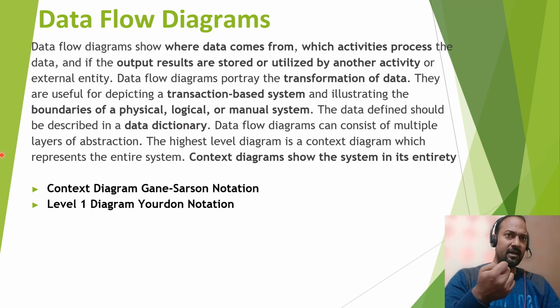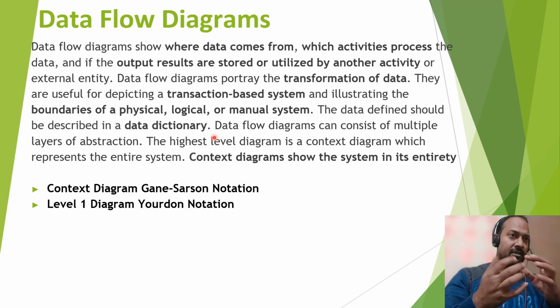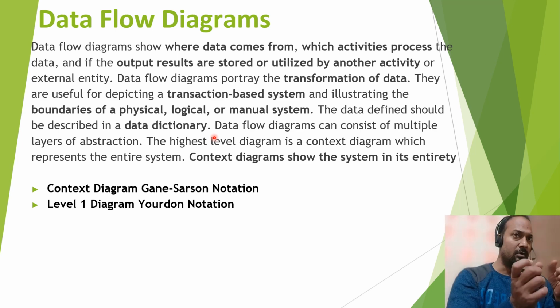The data defined should be described in a data dictionary. The data dictionary is nothing but the description or the definition of information represented in the data flow diagram. Any keyword that is mentioned in the data flow diagram should definitely be part of the data dictionary.